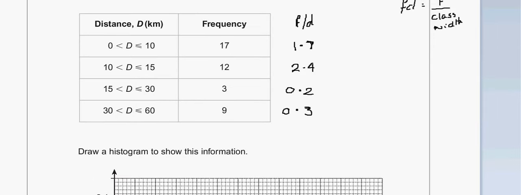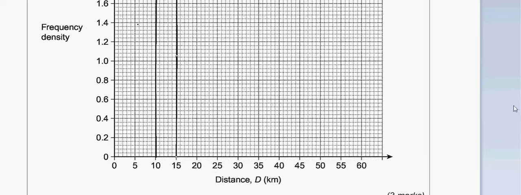Now we have 15 to 30 is 0.2. So 0.2 is along this line here, and from 15 to 30 would be here.